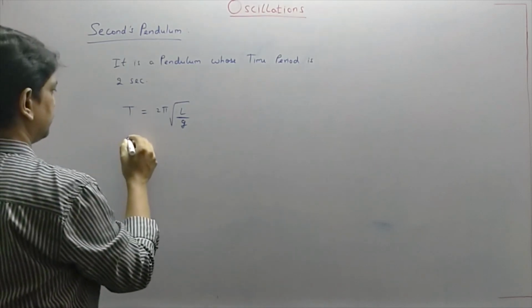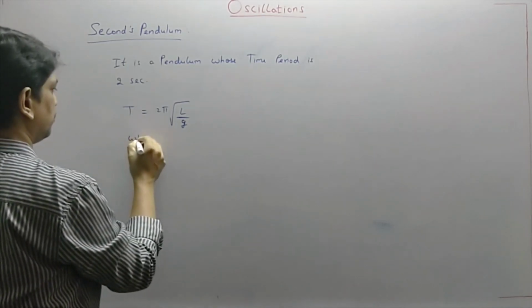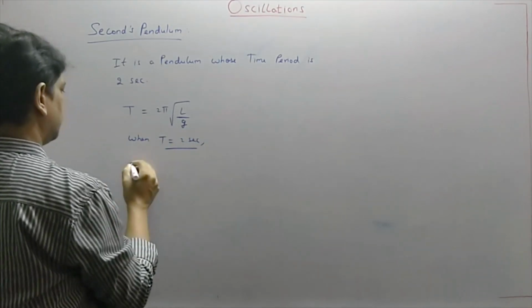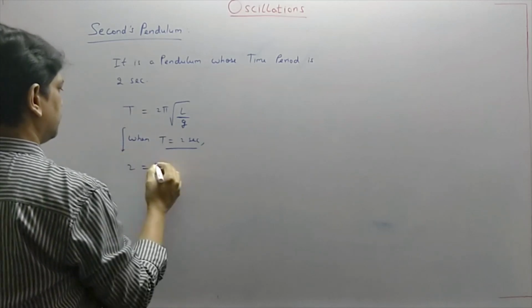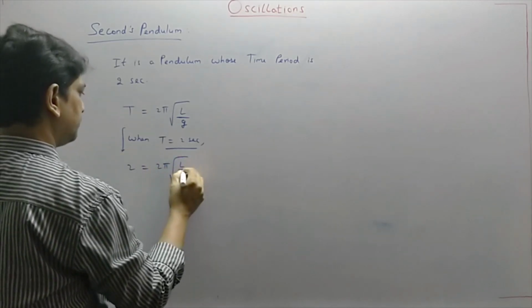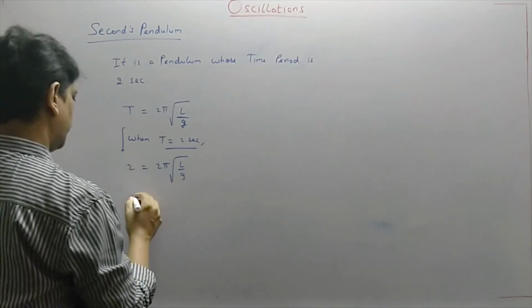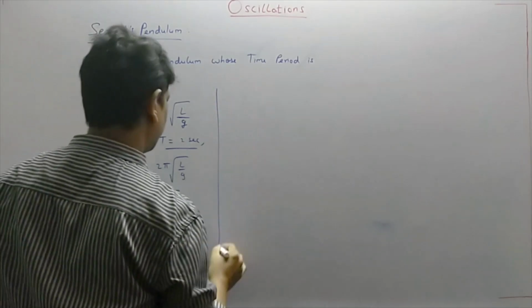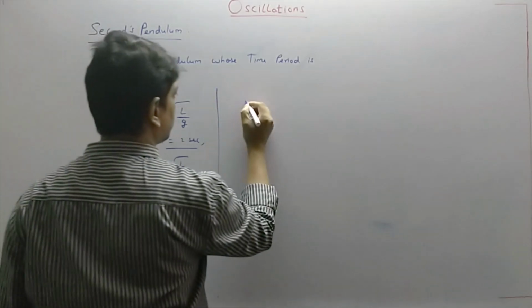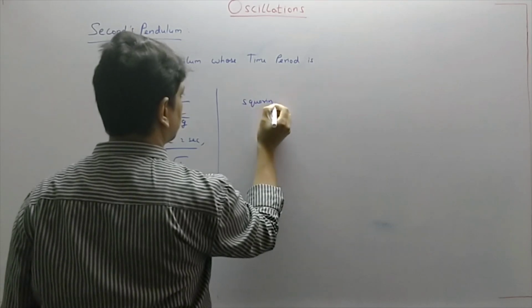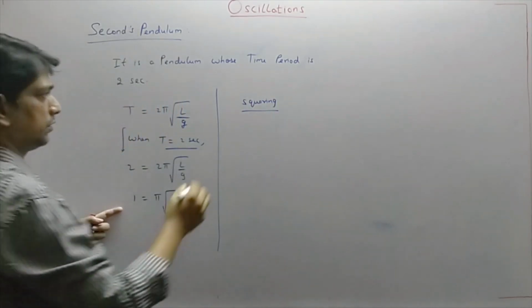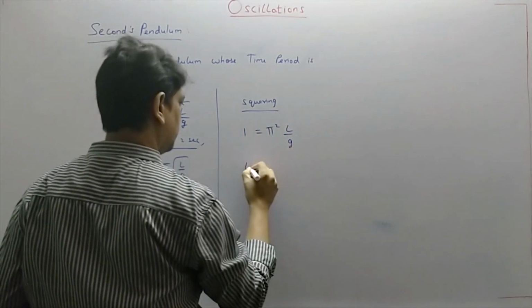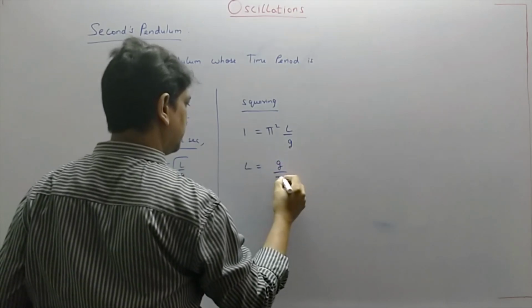So here when T is 2, when time period is 2 seconds, what is my length? So 2 is 2 pi under root of L by g, squaring both the sides. 1 squared is 1, pi squared L upon g, so L is equal to g by pi squared.